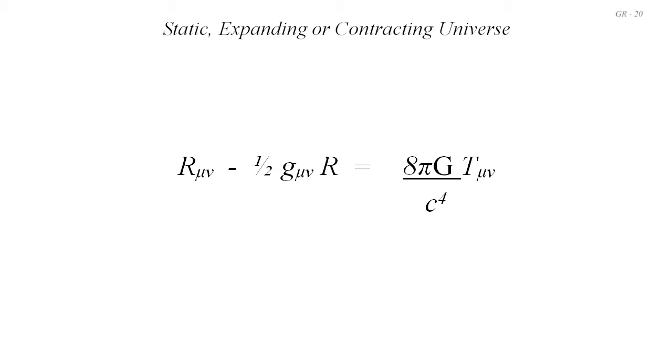How can you say, for example, that you know the 16 g mu nu values or the 16 t mu nu values at every point in the universe, and then write down the 16 equations for the universe? You can't. These are continuous equations. How can they possibly be made to apply to something so lumpy as the universe?